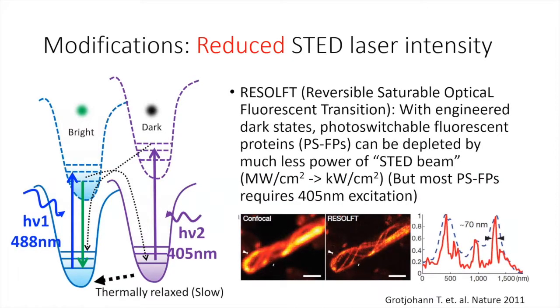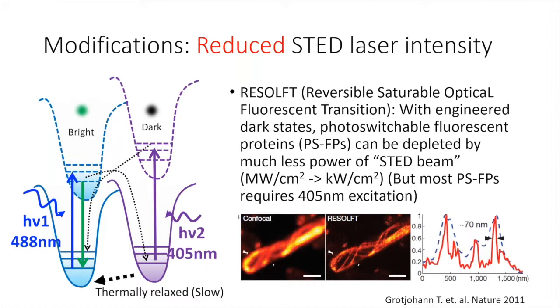They also developed a slightly modified version of STED using photo-switchable fluorescent proteins, because they have engineered dark states, so they can use much less power to deplete the fluorophore.